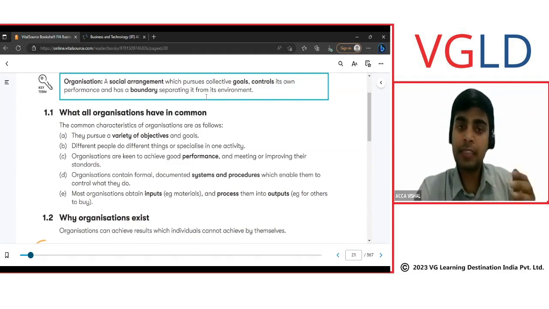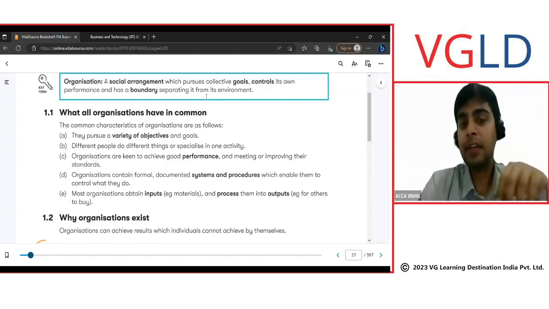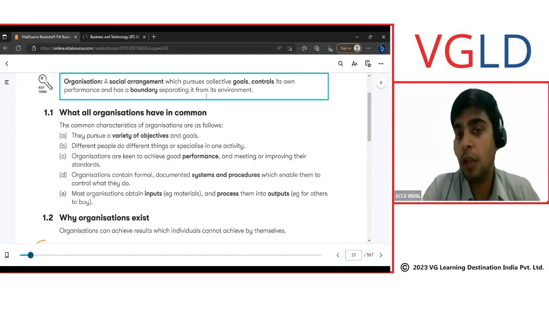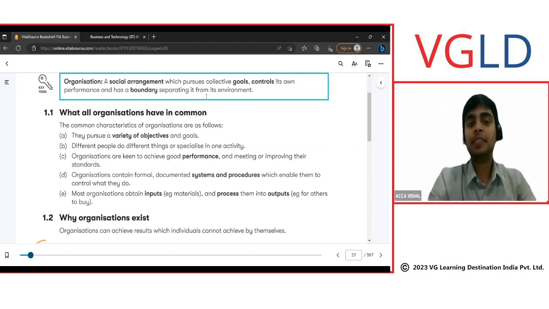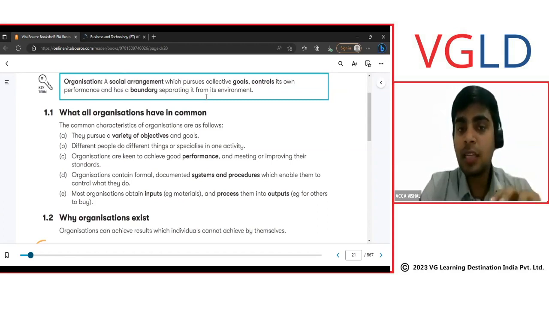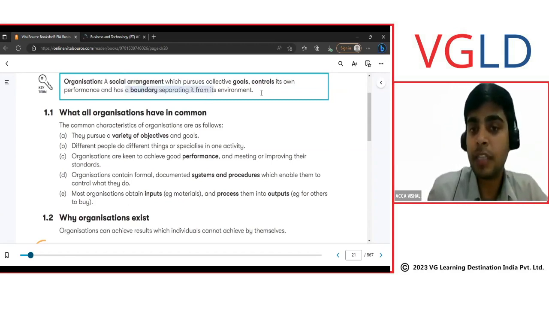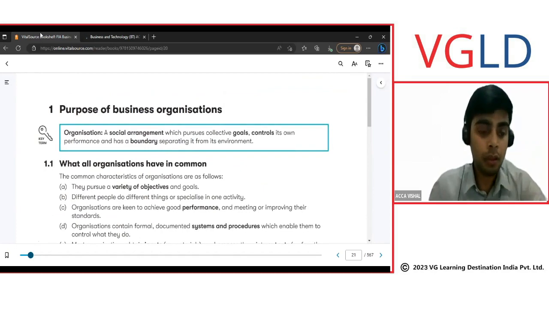But there are factors outside my control, like who will be my competitor and what the regulations are. That is what is meant by a boundary separating it from its environment.